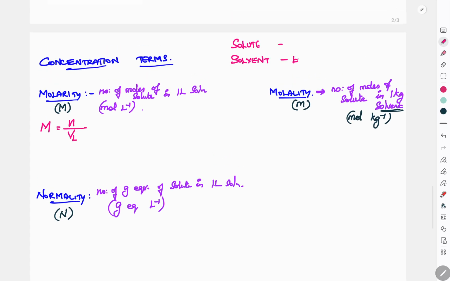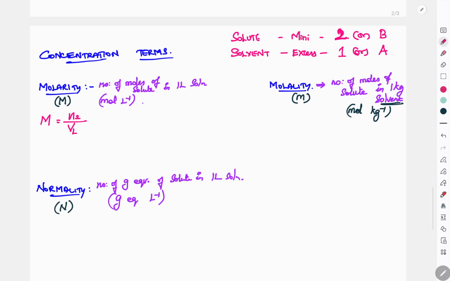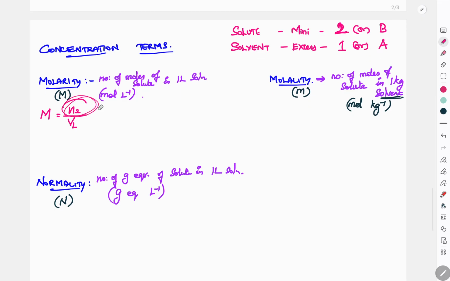The one present in excess amount is called the solvent, denoted as 1 or capital letter A. The one present in minimum amount is called the solute, denoted as 2 or capital letter B. So 1 refers to solvent, 2 refers to solute. The numerator should be solute. We are discussing the sugar present inside water, not the water. Sugar is important, solute is important.